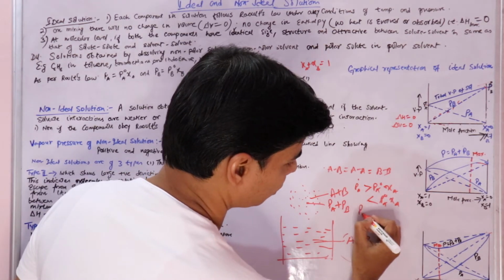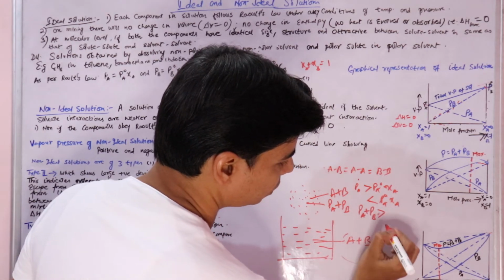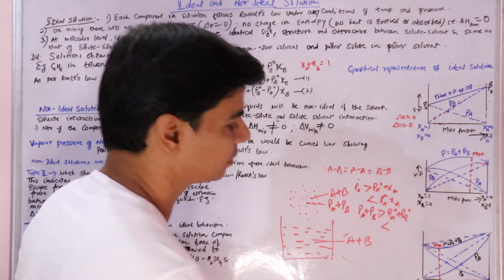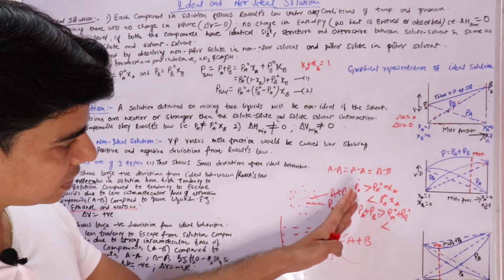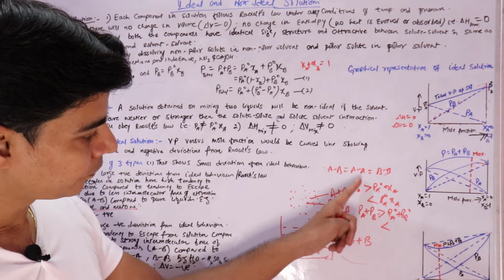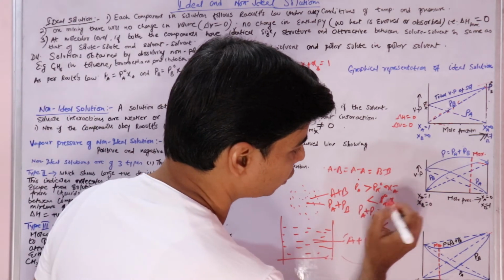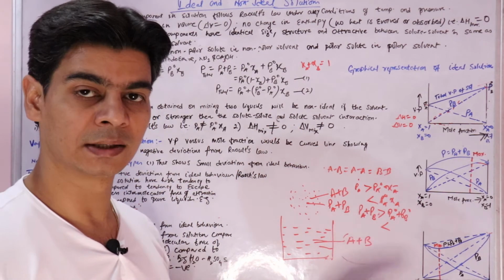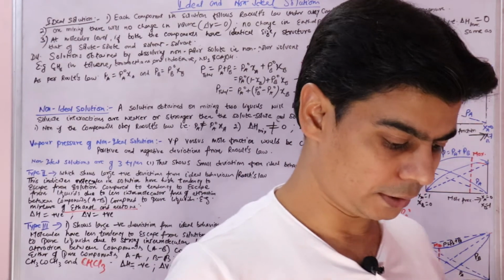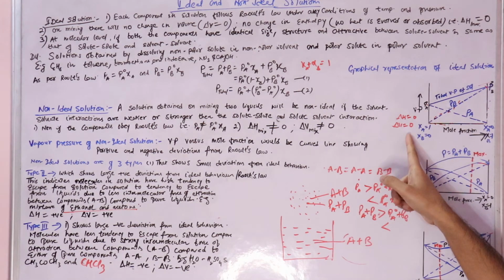Similarly, if we talk about the sum of both these, PA plus PB would be either greater than PA0 plus PB0 or less than, right? So when it is more than, partial vapor pressure due to A, this is positive deviation from Raoult's law, and when it is less, this is negative deviation from Raoult's law.